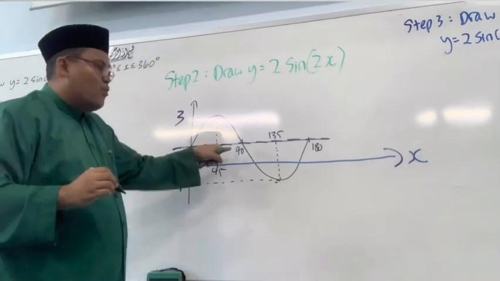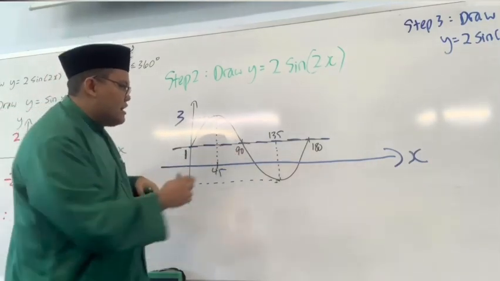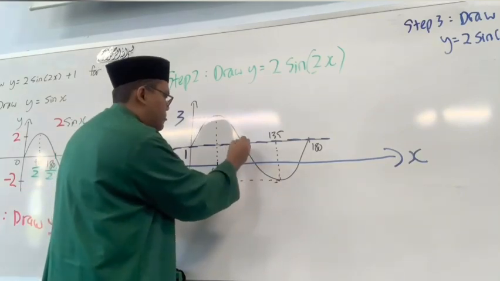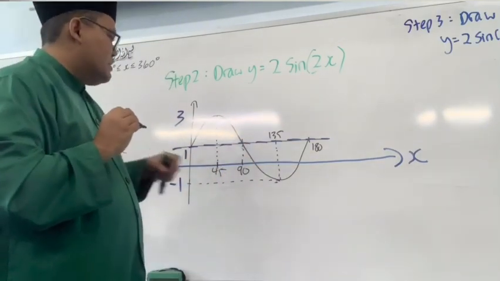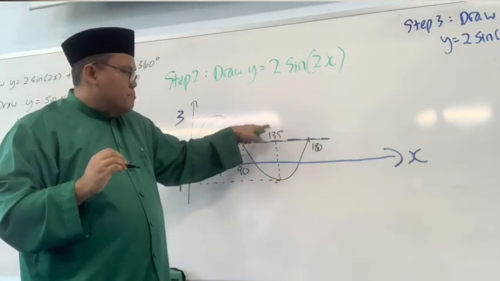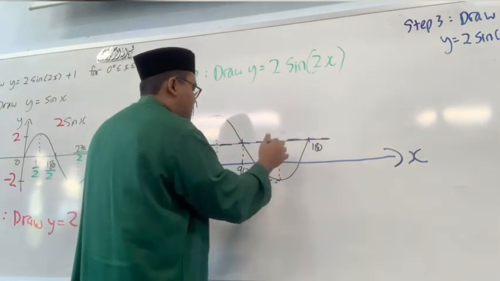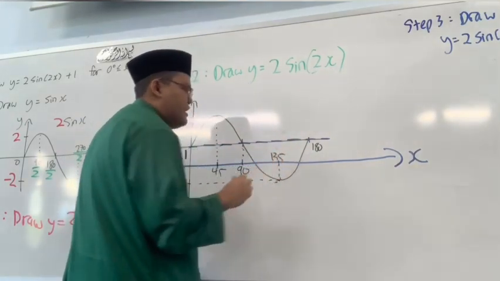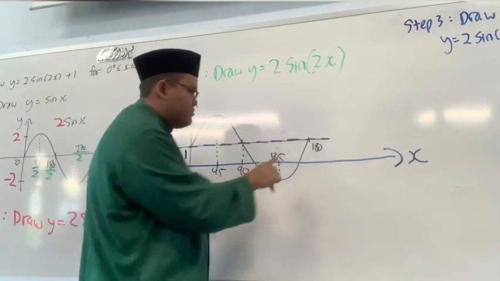Our 90, yes, is this point, but bring it down to the x-axis. Our 135, yes, is here, but bring it to the x-axis. And lastly, 180 is here. Bring it down to the x-axis.